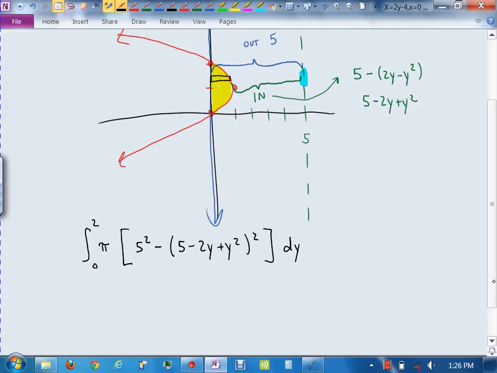Now, so we really understand how important it is where that axis of rotation is and how it changes the formula, let's put the line that we're rotating on the other side. So let's go x equals -5 now, so we can really see the contrast. Taking the same x equals 2y minus y squared, x is 0.